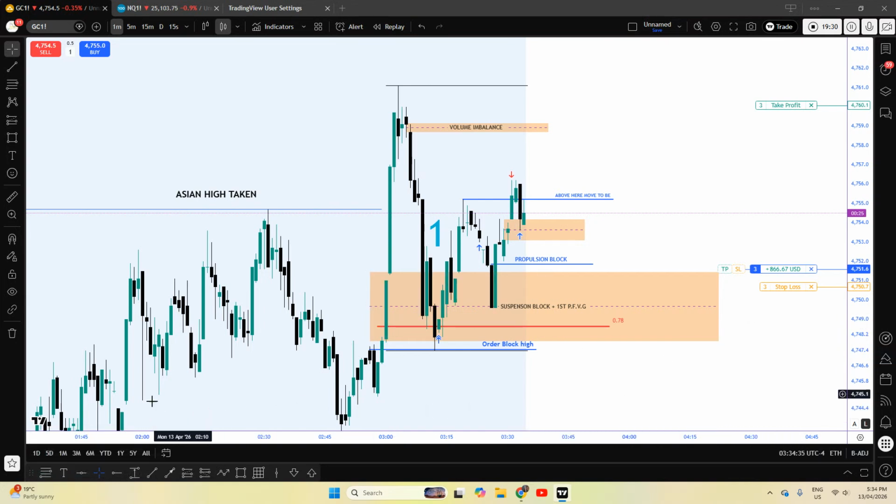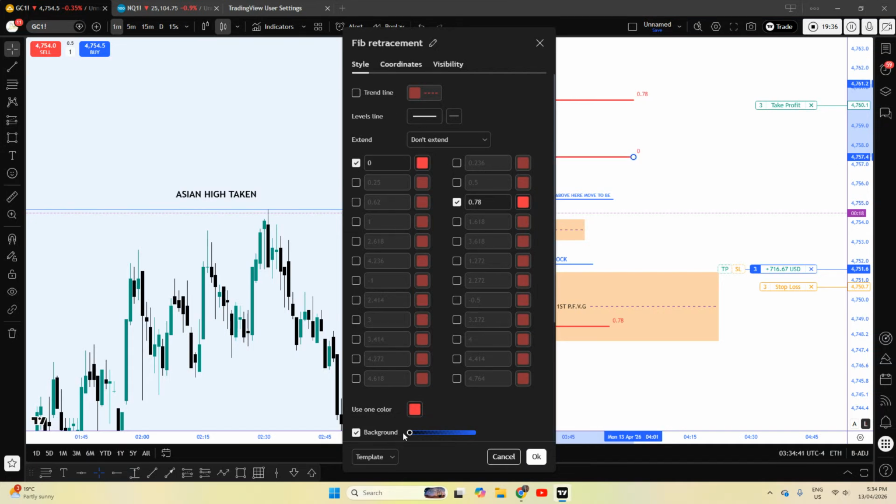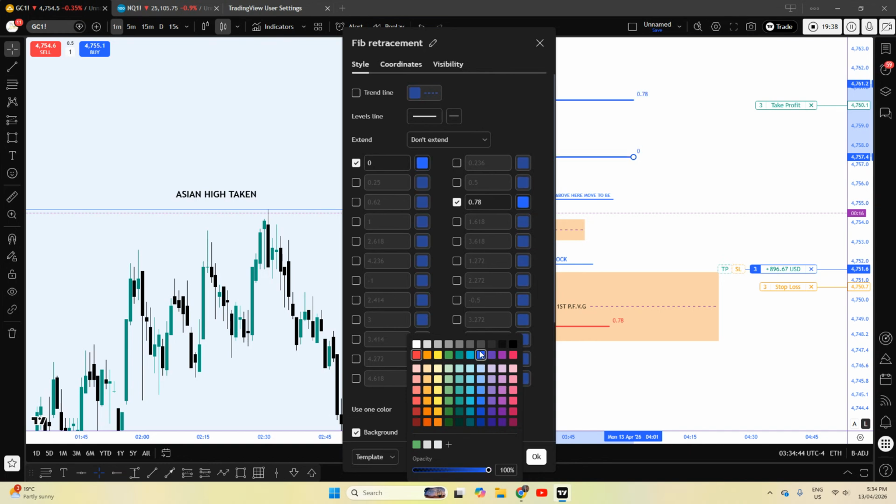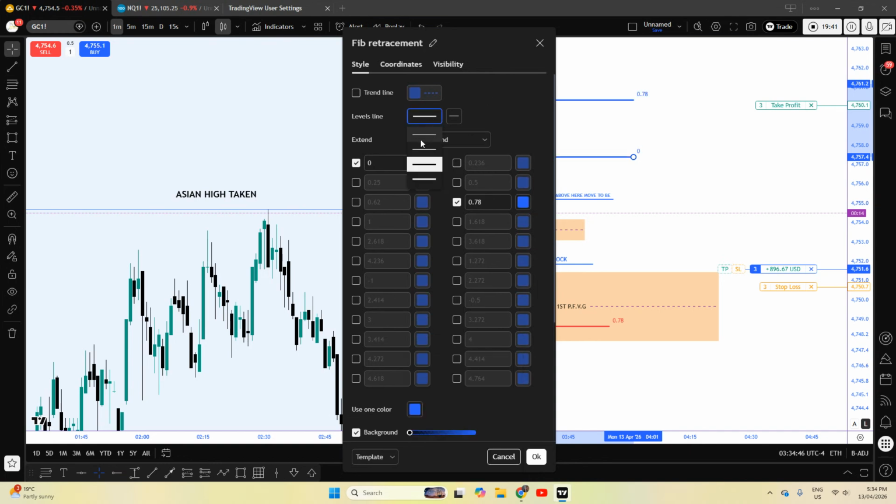So within this range, anything above here, I shouldn't add any other trade. So if I change the color to blue, we don't want to see anything.